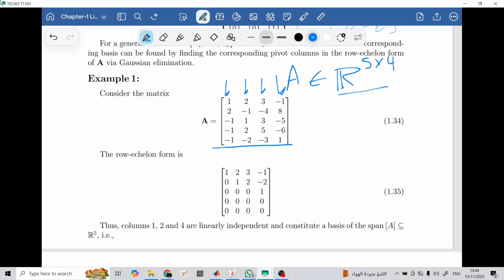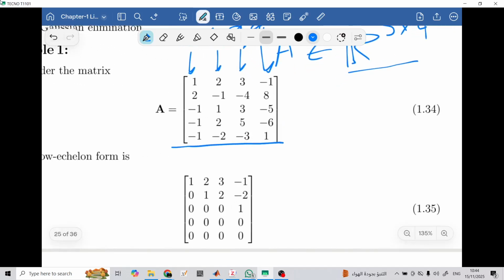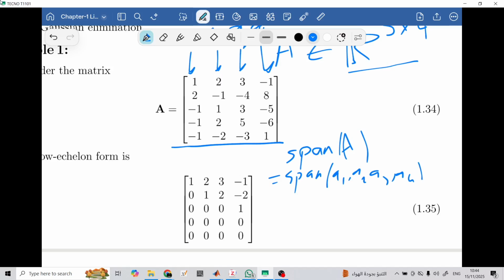So if we call them A1, A2, A3, and A4, we can say that, let's write it here, the span of A, which is the span of the vectors A1, A2, A3, A4, belongs to the vector space.